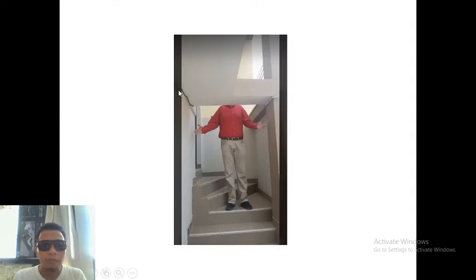So, if architecture is not applied to the buildings or to the design of the building, here's what will happen. You will see some examples of that. The beam is very dangerous to be used by humans.